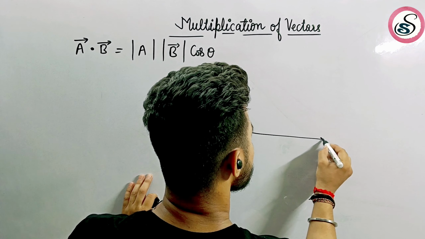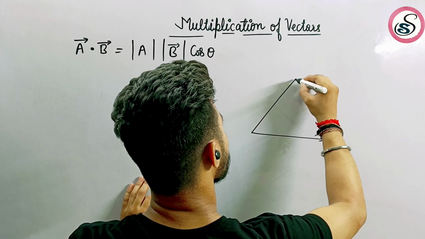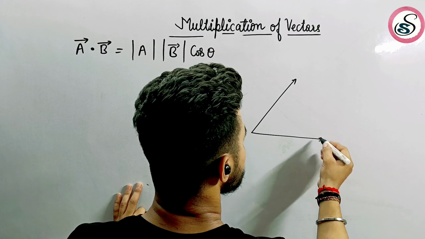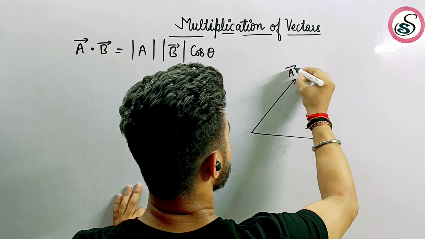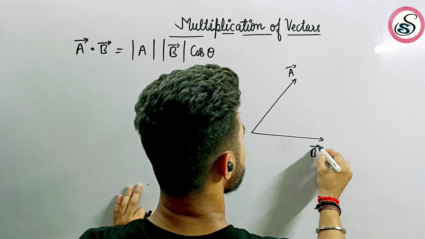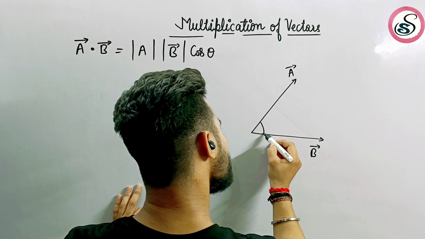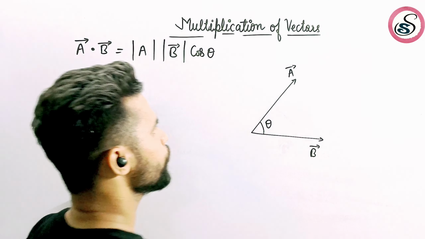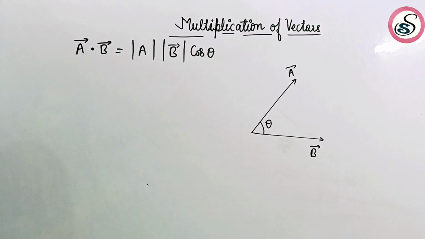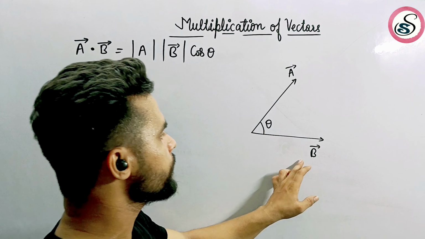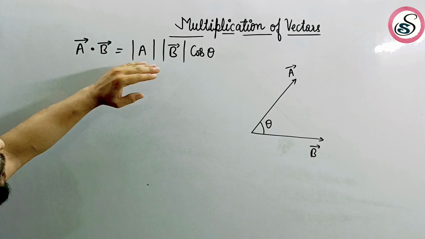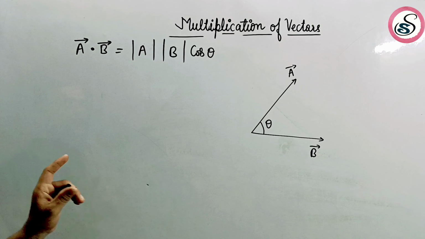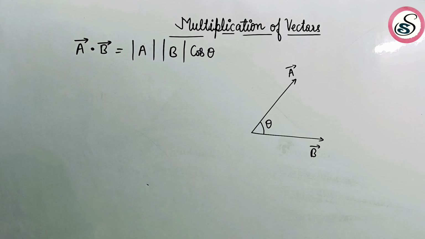If this is one vector, a, and this is another vector, b, then the angle between these two vectors is theta. So this is the formula for dot product.